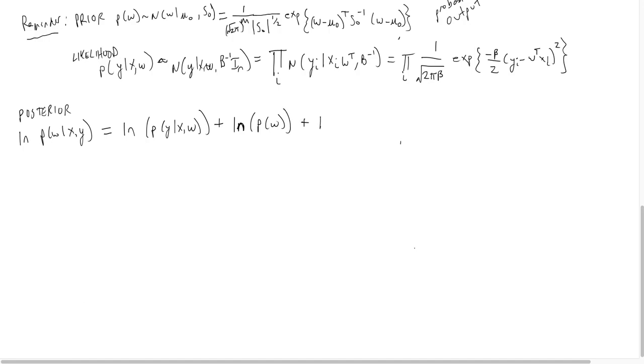plus some constant. So just to be clear, what I did there was ln of p(w given x, y) equals ln of the likelihood times the prior all over probability of the data.